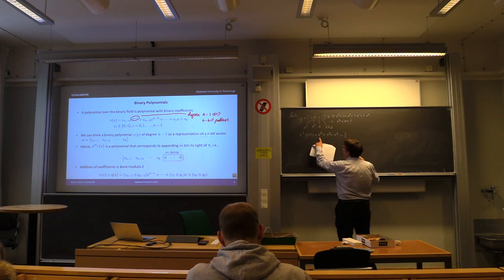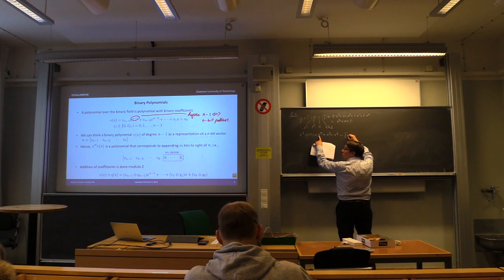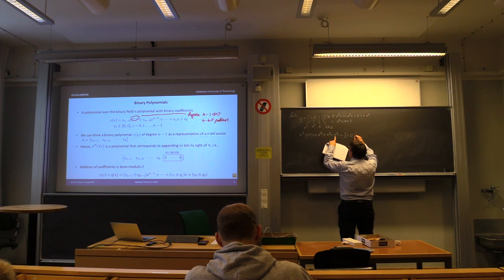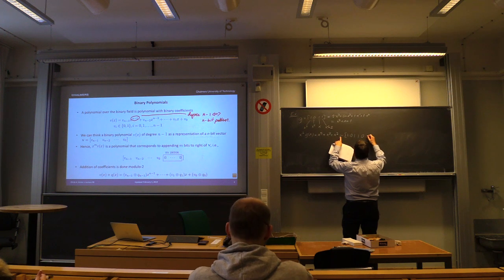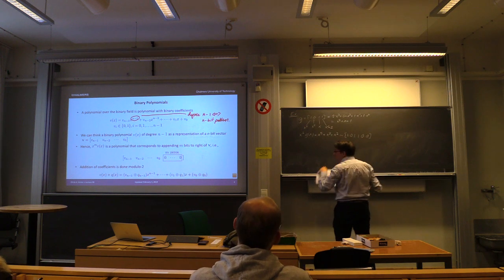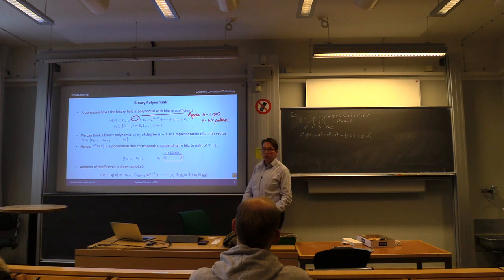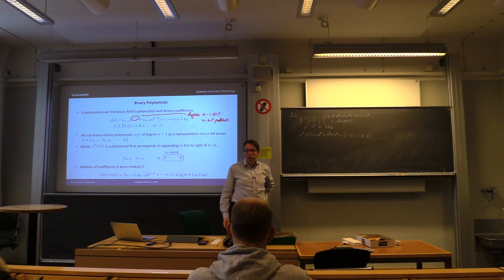So let's start from the left. It's 1 because it's x5. There is no x4, so that's 0. We have an x3, so that's 1. We have an x2, which is 1. Then we don't have an x1, so that's 0. We don't have an x0, so that's 0. We just wrote out the pattern here.